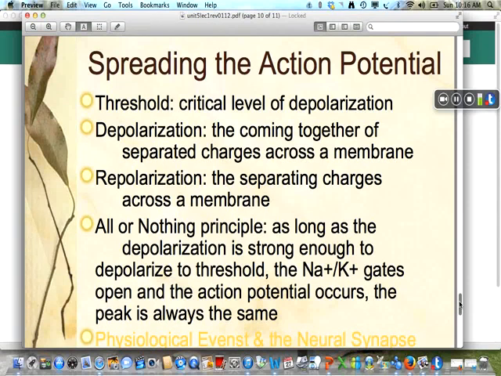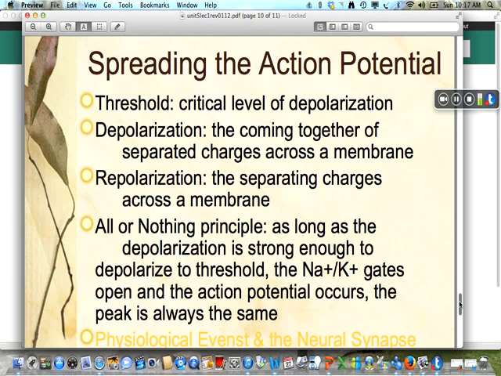The physical peak is always the same. So the threshold is how much depolarization you need. Depolarization is the coming together of charges across the membrane. So they're never going to come just halfway across. It's either going to fully depolarize or not depolarize at all.